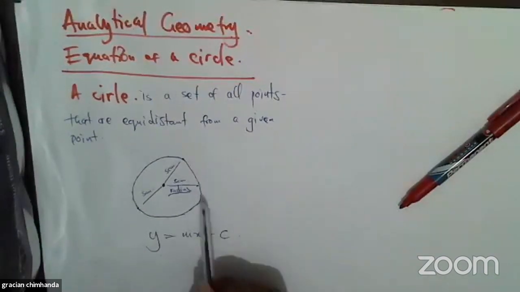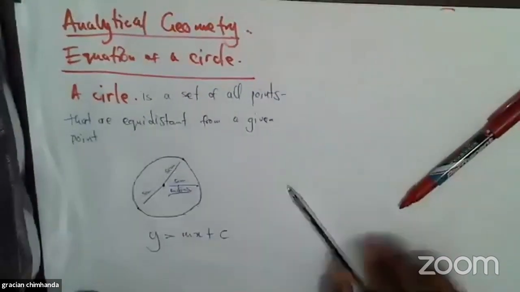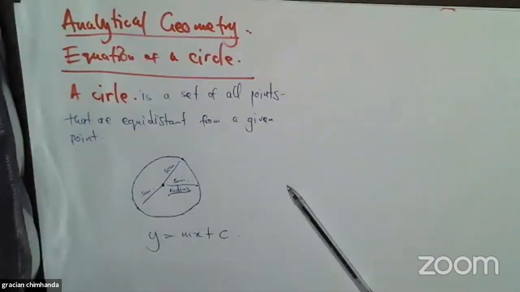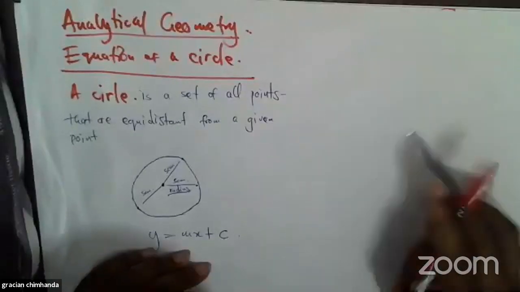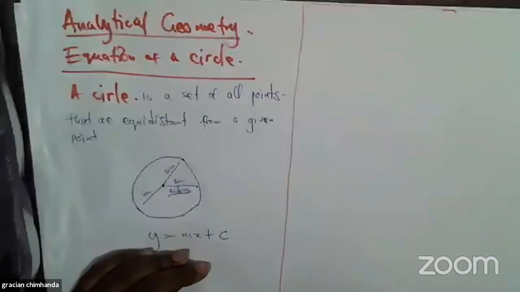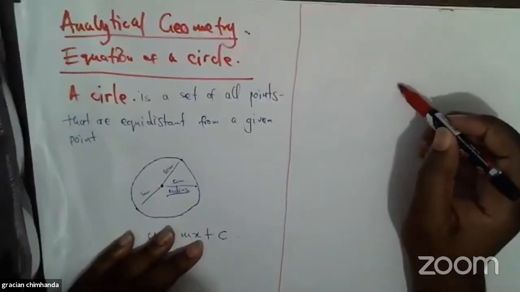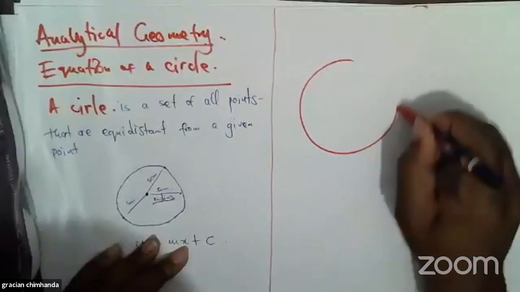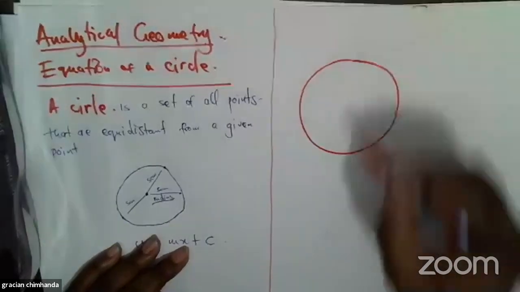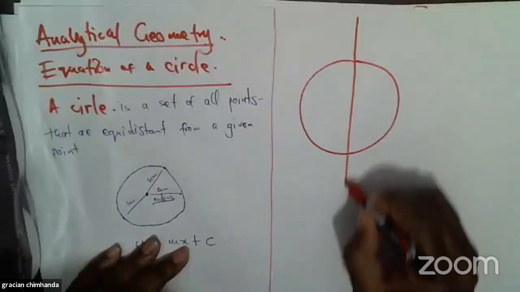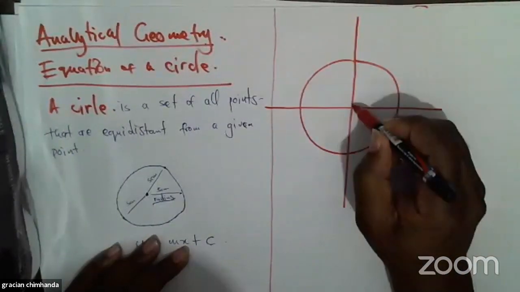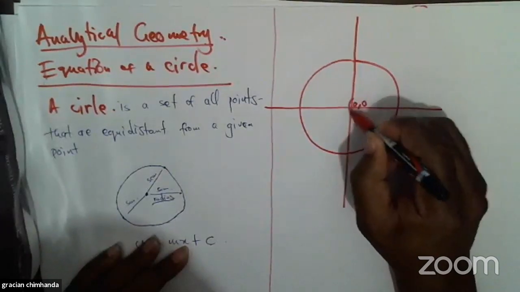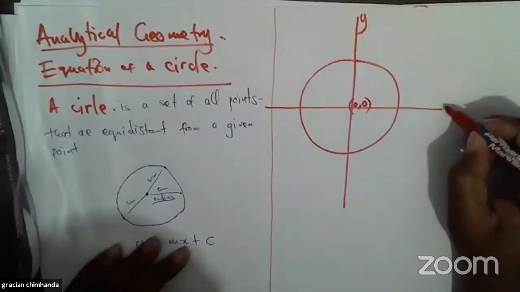So if we come back to a circle now, I'm going to draw using this one, which is a little bit brighter. Let's look at this circle, and we're going to draw our axis. This is 0 and 0. So this is a Cartesian plane.